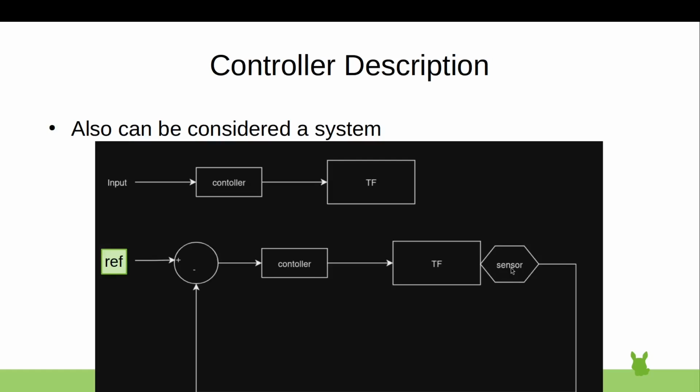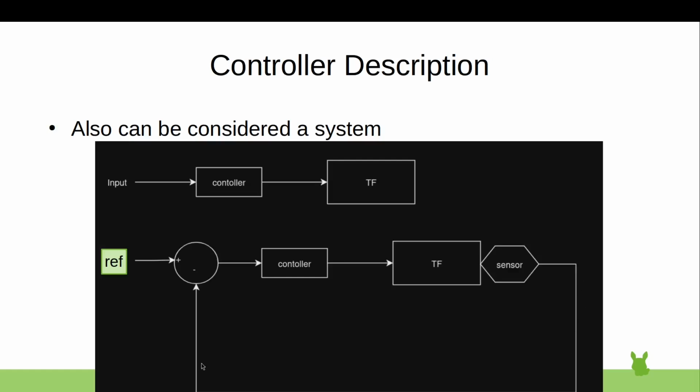And I put sensor here because in reality we wouldn't be using a model, we would have a sensor sensing where our system is at right now. Although there are techniques that are sensorless operations of systems using estimations and that use models, but for what you need to know now, normally a system would have some sort of sensor operating, and then the controller will take the feedback, right?